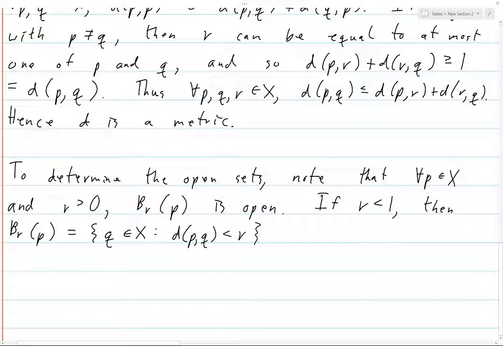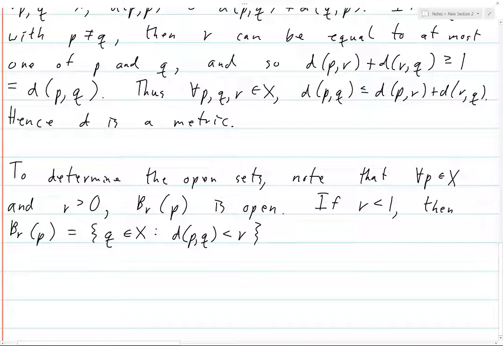The only values it takes on ever are 0 and 1. And since R is strictly less than 1, any Q such that the distance between P and Q is strictly less than R must also satisfy the distance between P and Q is strictly less than 1. And so the only remaining option is that the distance between P and Q is equal to 0.